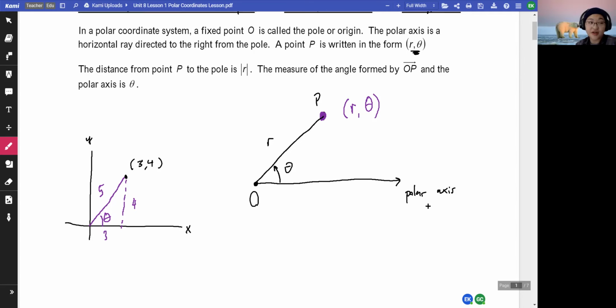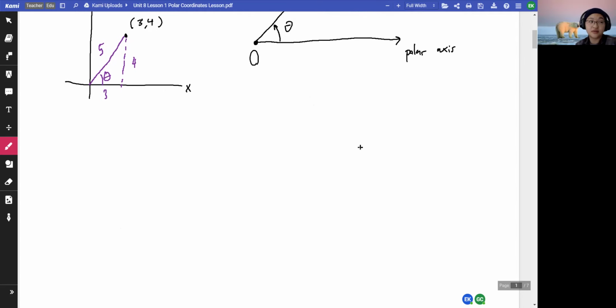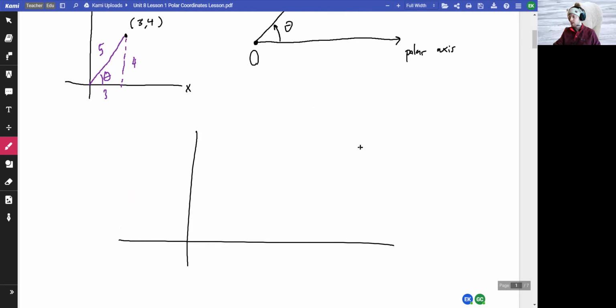Is there another way to describe the point in the form of r, theta? Let me do this. Let's say I give you the point, say like 3, 45 degrees, or let's better yet 3, pi over 4.